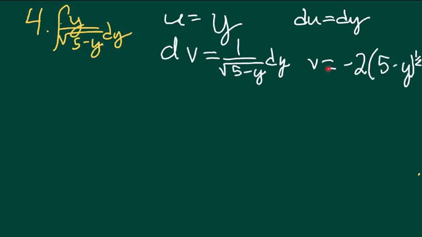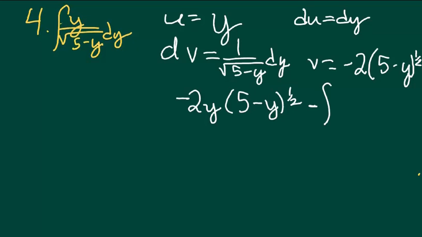It's going to go from here, negative 2y times 5 minus y to the 1/2. Let's just leave it as a fractional exponent for now. It'll look better.